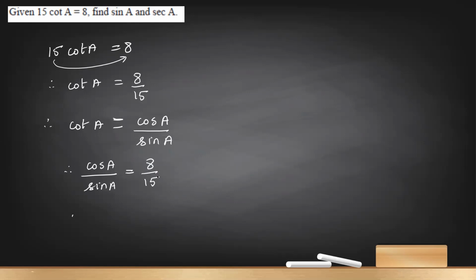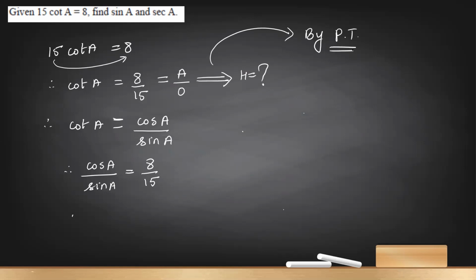Now, we do not know the hypotenuse, because what is cot? Cot is adjacent upon opposite. So if 8 and 15 are the adjacent side and opposite side, first we have to find out the hypotenuse. So how will you find out the hypotenuse? Using Pythagoras theorem. So let's work that out.